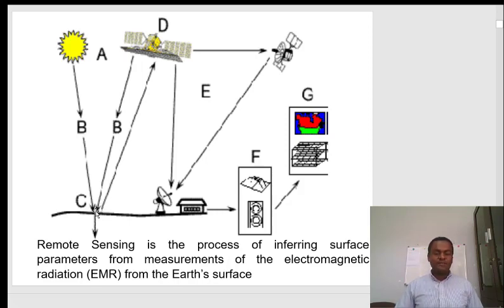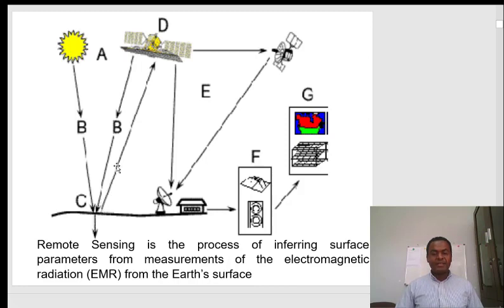The reflected energy will be sensed by the satellite sensor. There are also other satellites which may send signals to Earth objects, but in passive remote sensing, we follow this path.